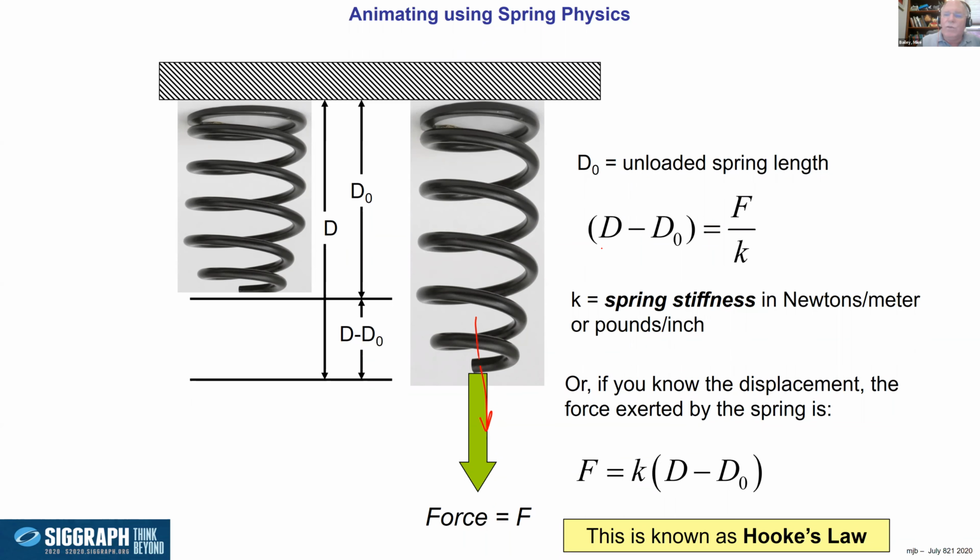The distance you stretch a spring is equal to the force in the spring divided by the spring constant. The spring constant is like a stiffness. How stiff is the spring? Slinkies have a very low K. They are not very stiff. But if I apply a force divided by the spring constant, that's the distance that the spring will stretch. And this is known in mechanical engineering as Hooke's law.